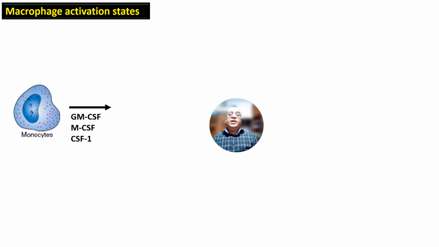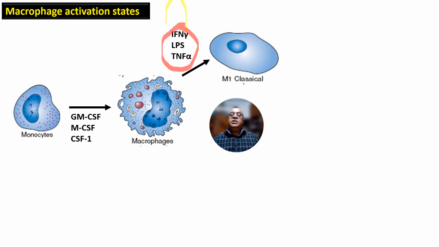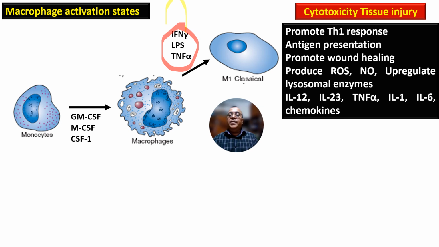Under the influence of macrophage colony stimulating factor or granulocyte monocyte colony stimulating factor or CSF colony stimulating factor 1, the monocytes are transformed into macrophages, and in the presence of interleukin, gamma interferon, lipopolysaccharides, and tumor necrotic factor alpha, they are transformed into classical or M1 type of macrophages that has got more tendency toward the inflammation, pro-inflammatory tendency.